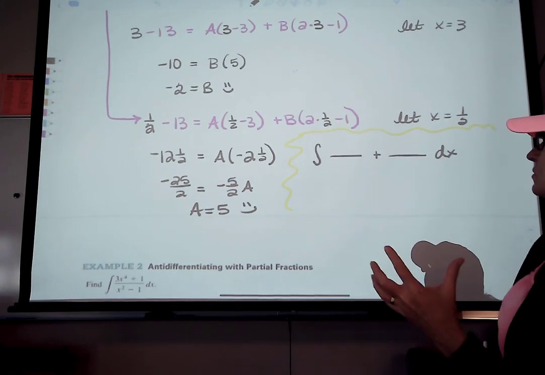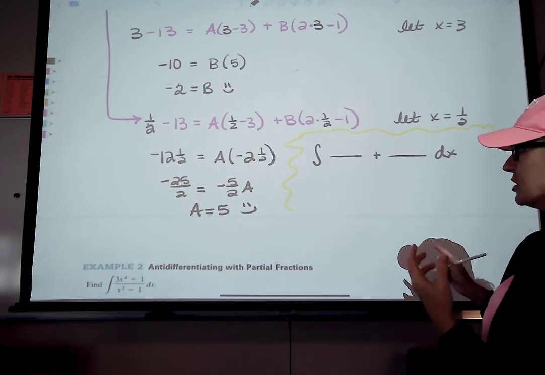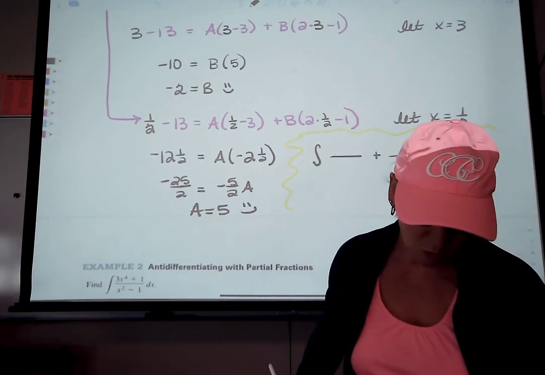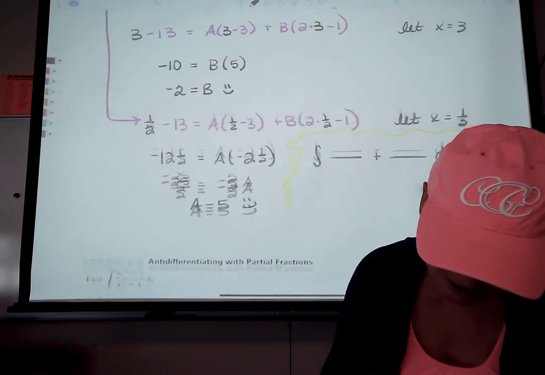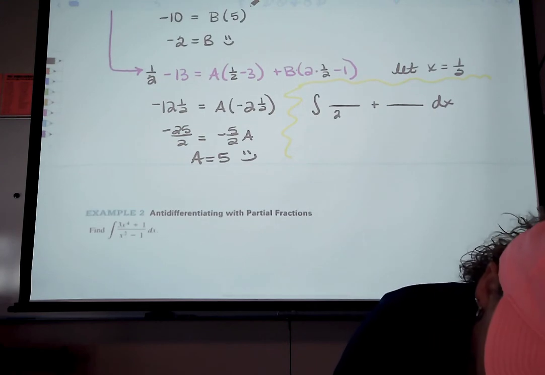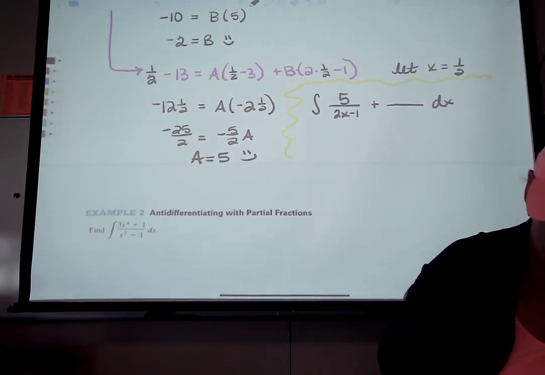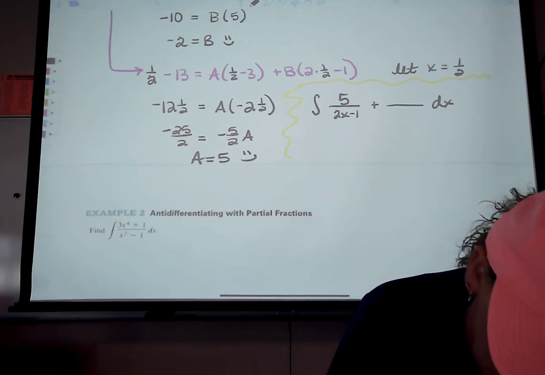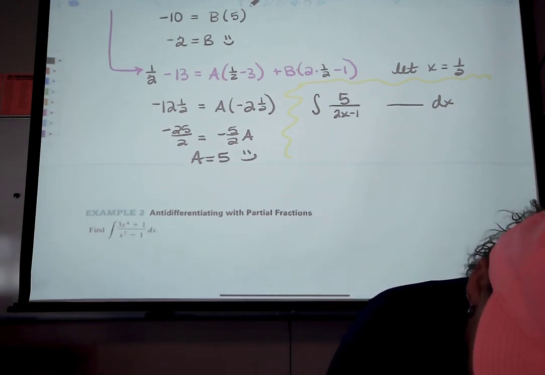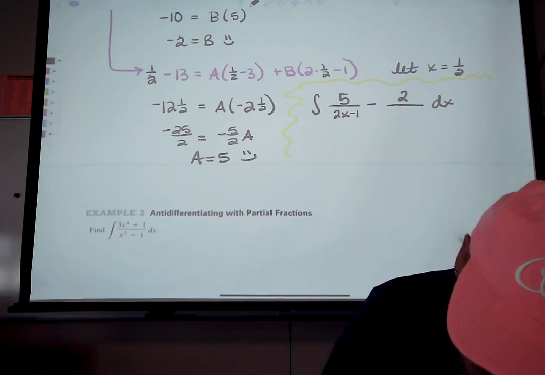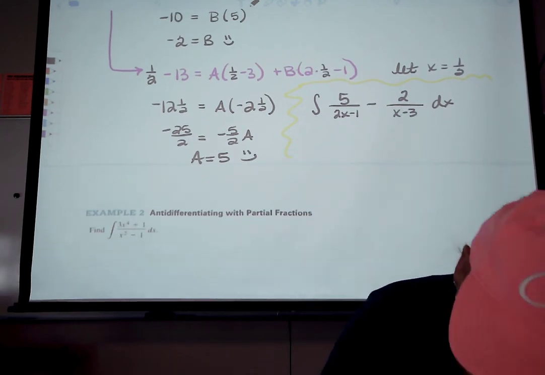So my original rational expression breaks down to 2 smaller rational expressions. One of them was A over 2x minus 1. A over 2x minus 1. And B, oh, that should be a minus, over the other one. What was the other one? X minus 3.